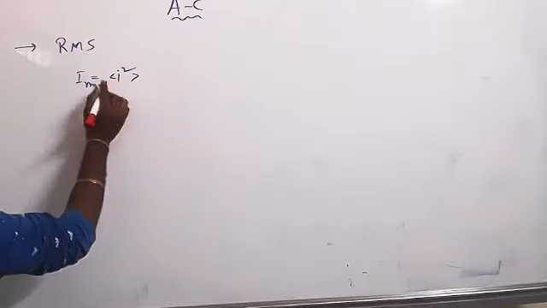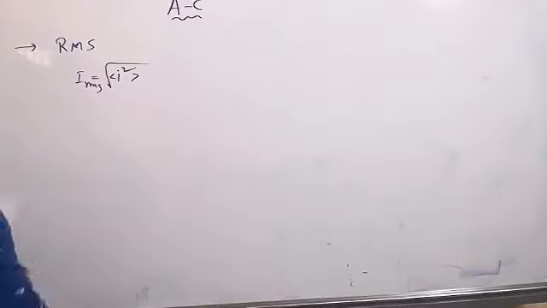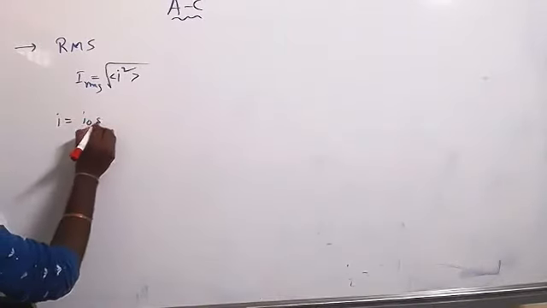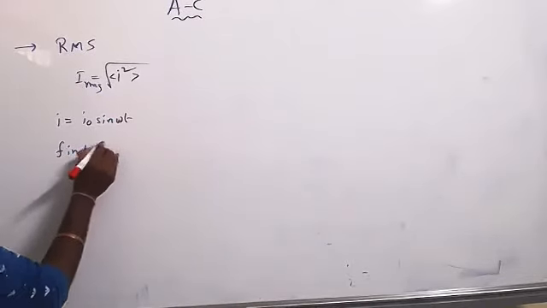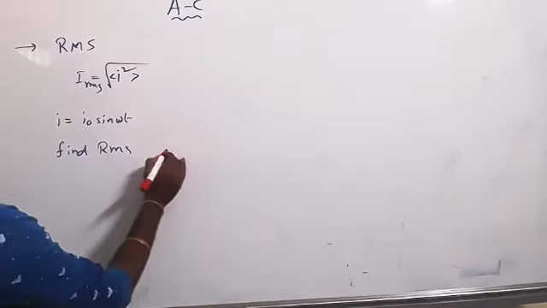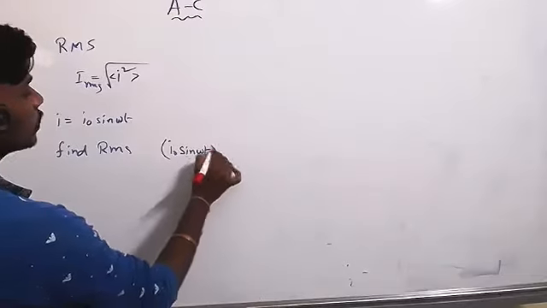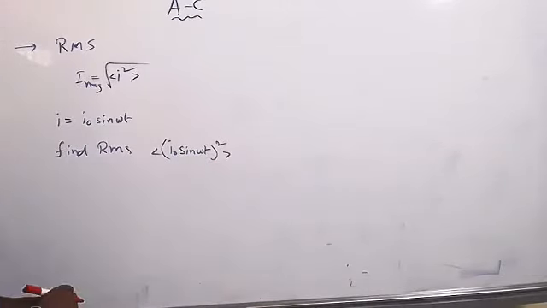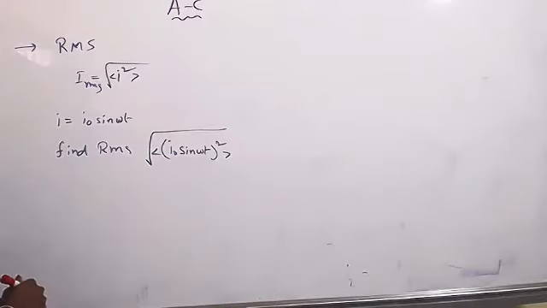After squaring, we have to mean it and apply root. This is nothing but the root mean square value. So if they have given I is equal to I naught sine omega t and ask to find the RMS value, first we take I naught sine omega t whole square, after that apply mean, after that do root.